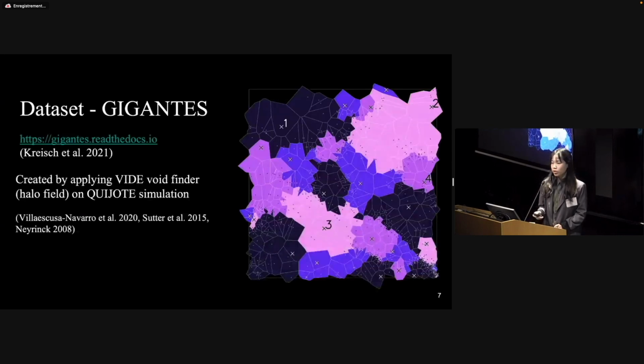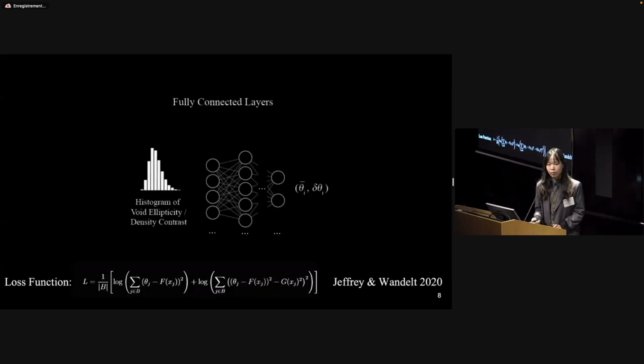So the data set we use in this work is from GIGANTES. It is created by applying the Witt void finder on halo field and using the data from Quixote simulation. So first, we use a simple machine learning architecture, fully connected layers, and apply it to the histograms of the void ellipticity and void density contrast.